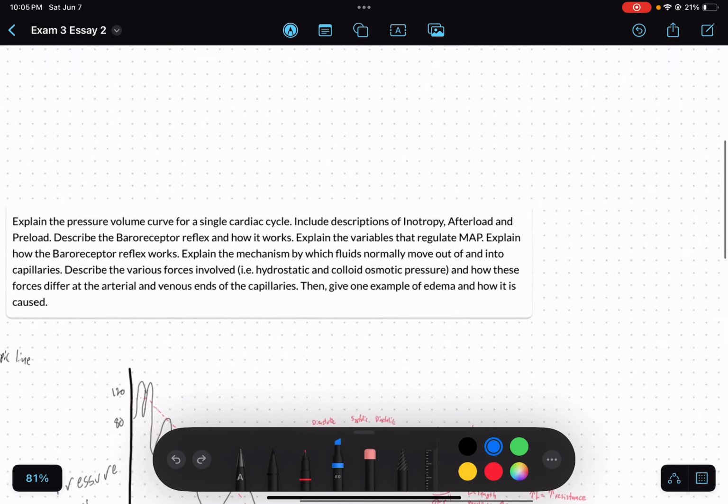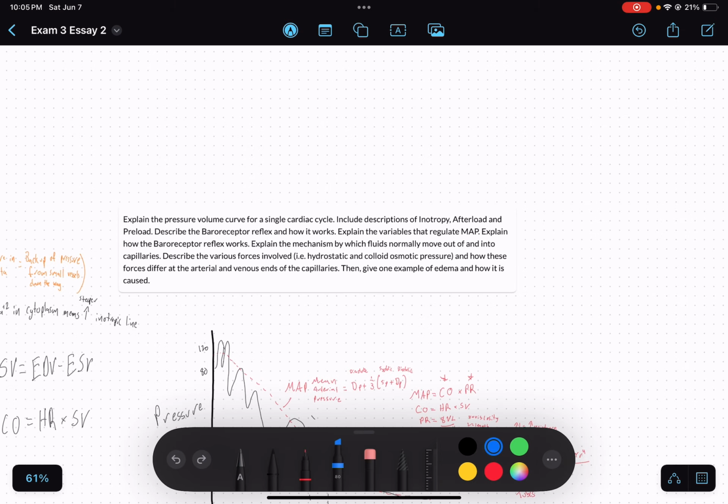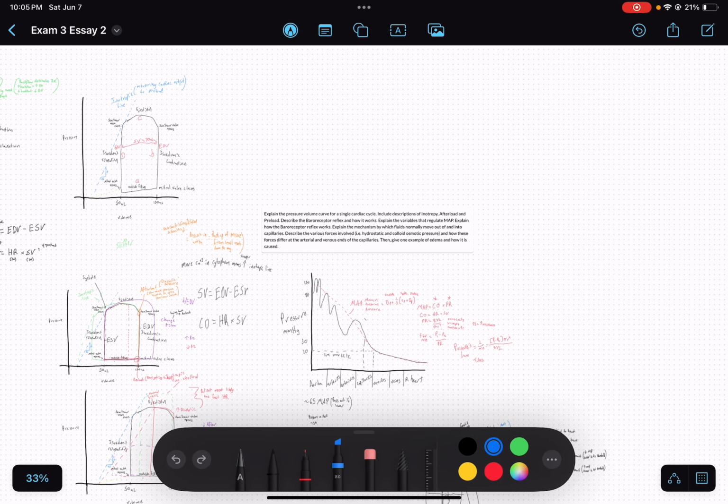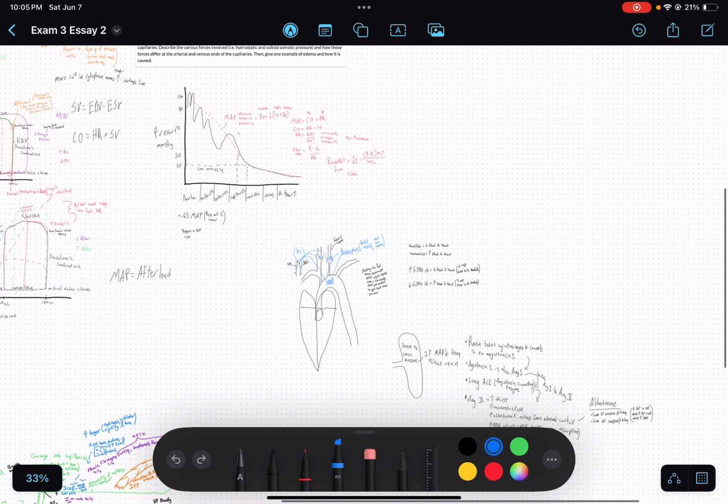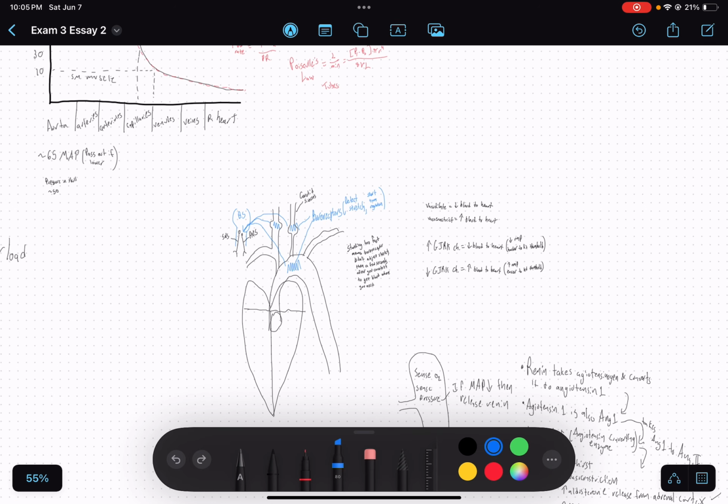Alrighty, so we explained the pressure-volume curve for a single cardiac cycle. We included inotropy, afterload, and preload, so let's go ahead and talk about the baroreceptor reflex. So over here, we have a baroreceptor.